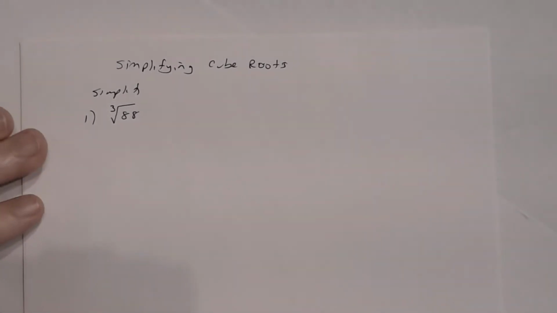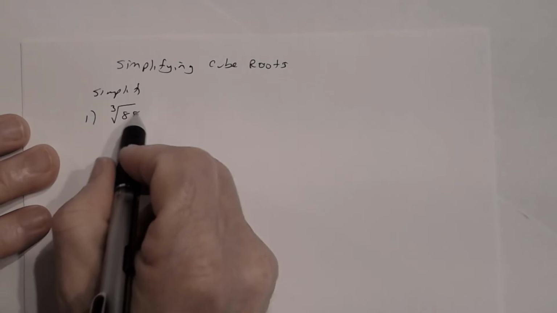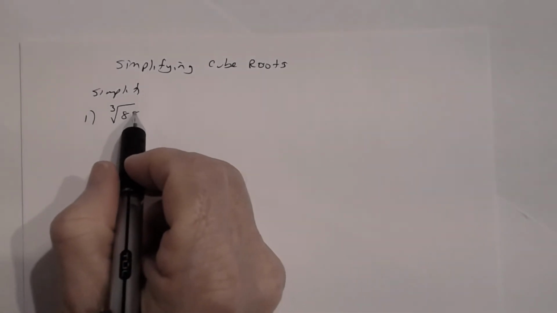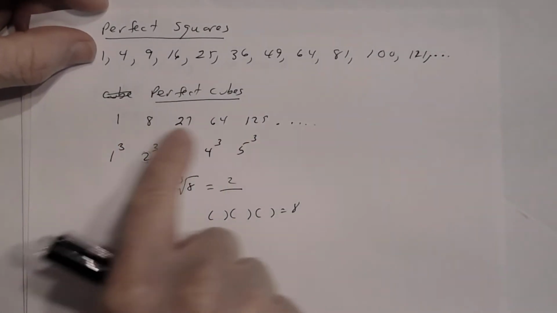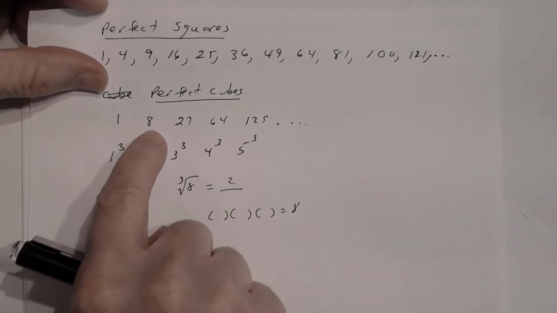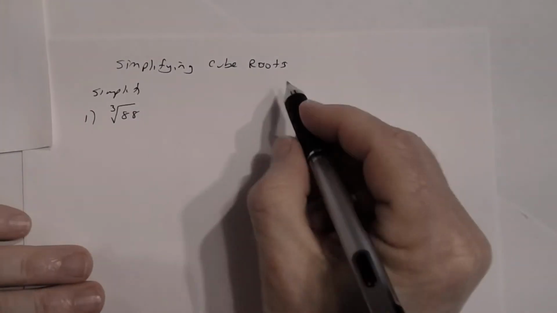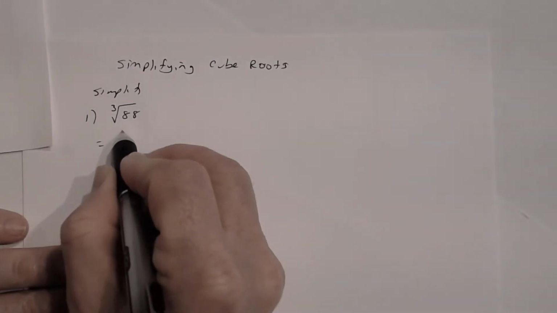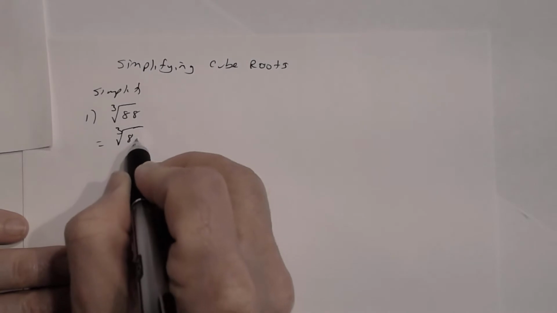So when you're looking to simplify cube roots, again, you want to look at the radicand. So is there a perfect cube that will go into 88? That's the question. All right, so obviously you know 8, right? So the cube root of 88 will be the cube root of 8 times 11.